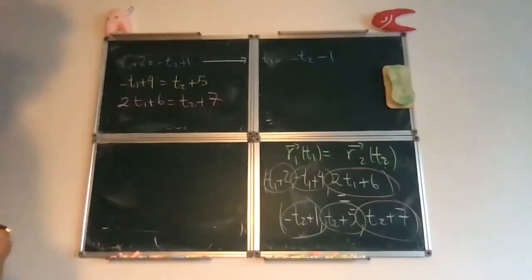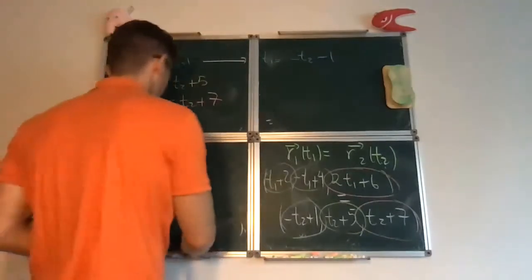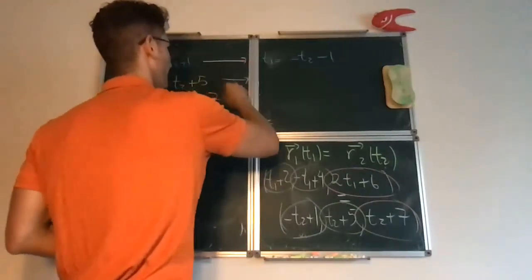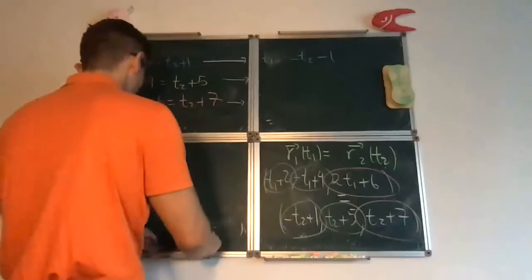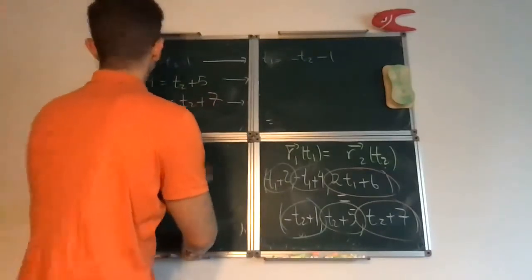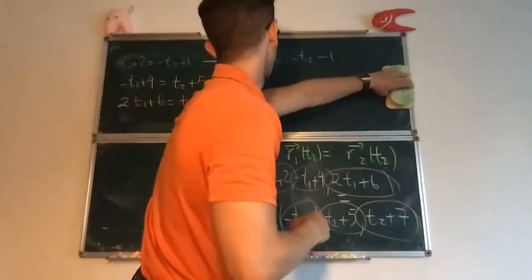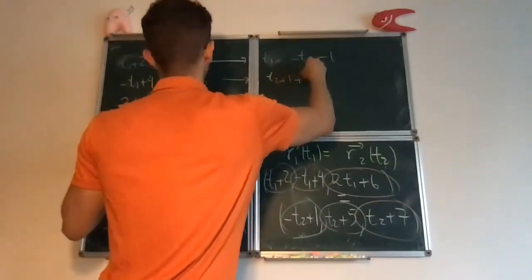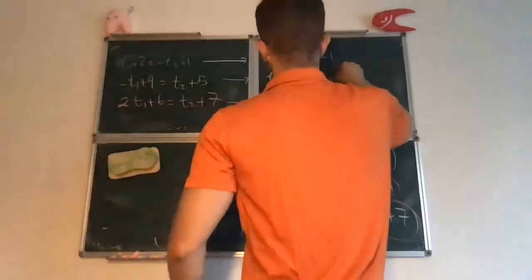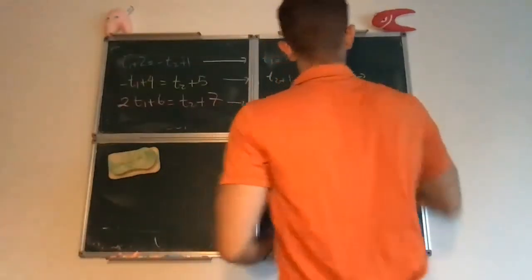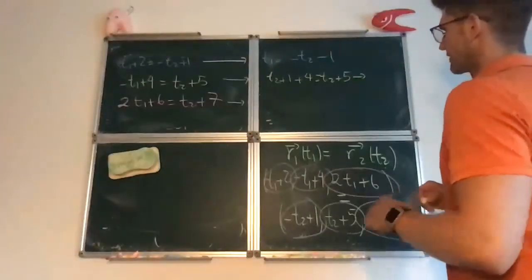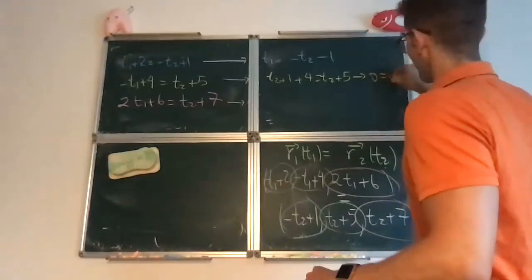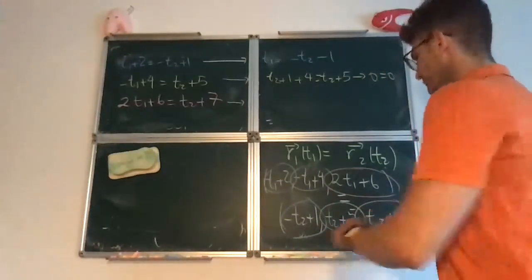right? And so if you replace this into the other equations, what do you get? You get minus t1, which would become t2 plus 1, plus 4 equals t2 plus 5, and that just gives you 0 equals 0, which is fine, but it's not useful.